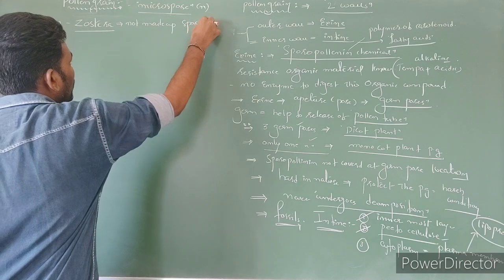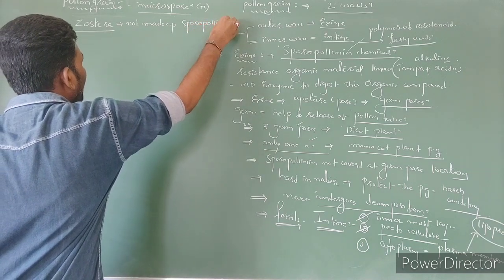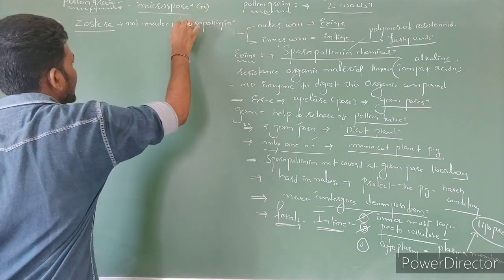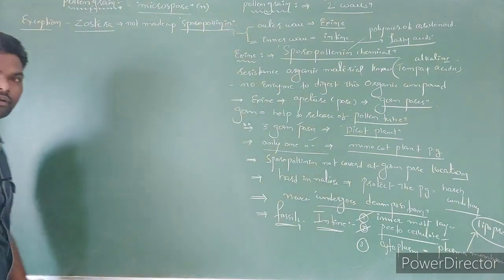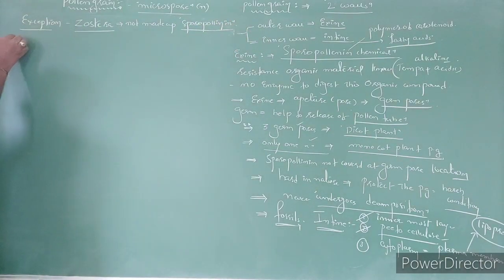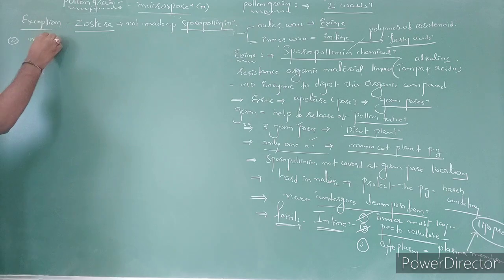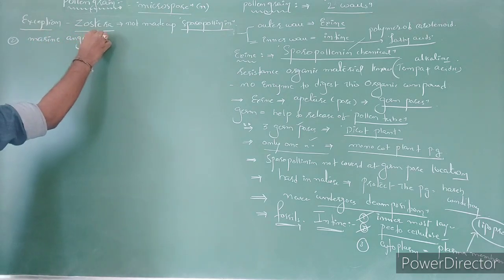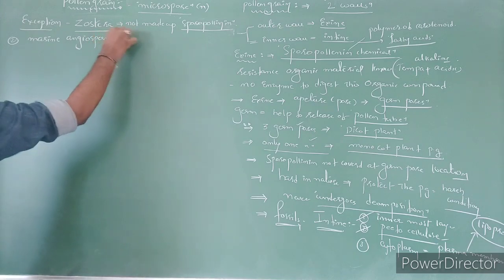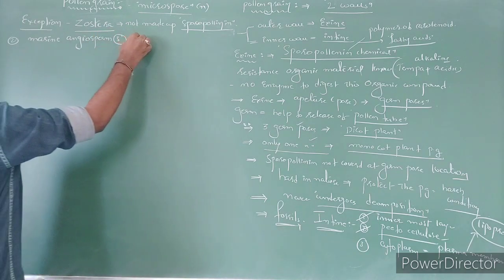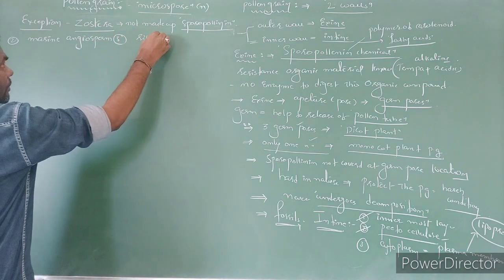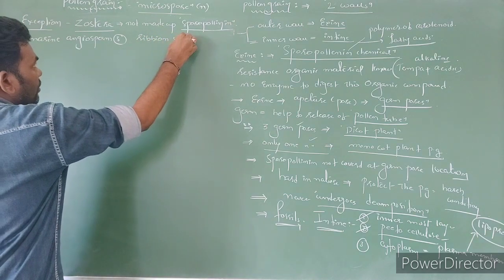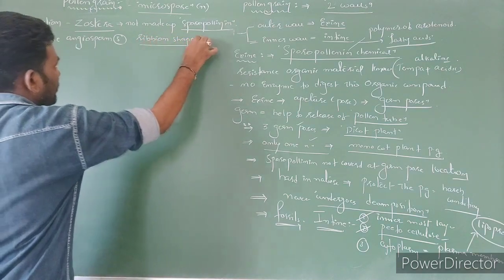Important point for competition: Zostera is a marine angiosperm, and its pollen grains are ribbon shaped.